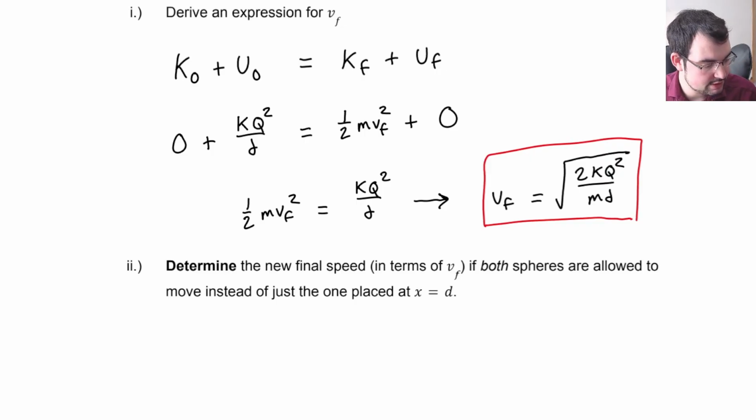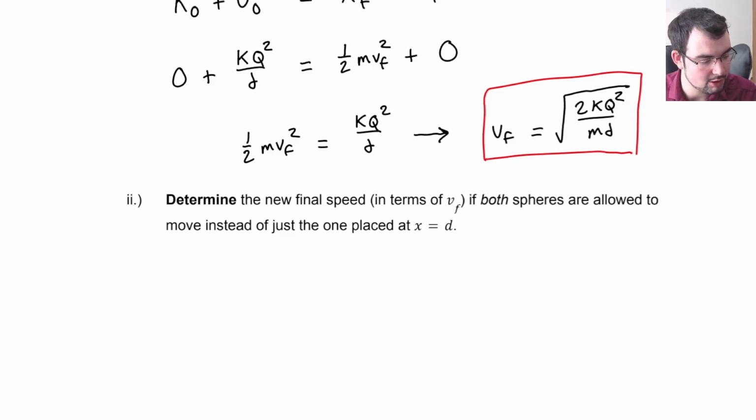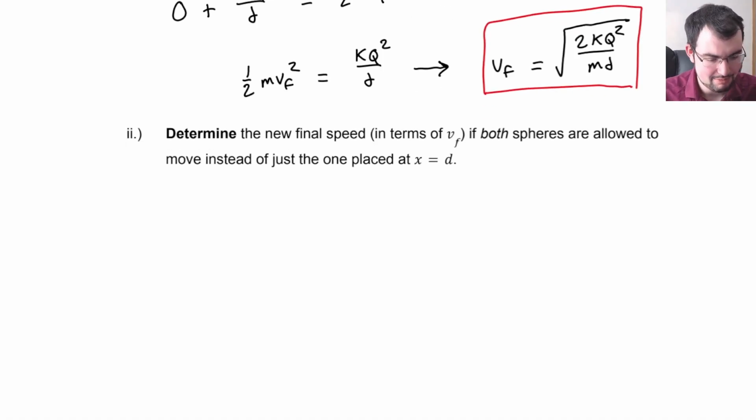What's the new speed in terms of Vf if both spheres are allowed to move instead of just one? It's easier to see based on our expression what's going to happen. We have the same energy, the same potential energy.